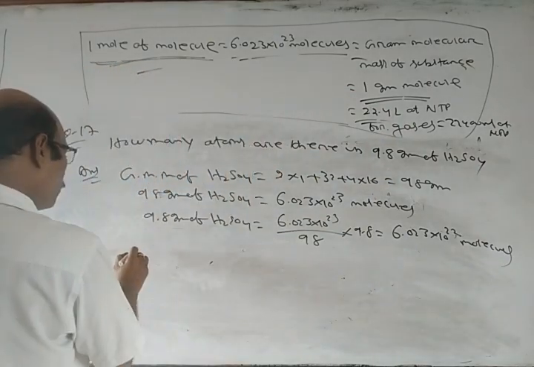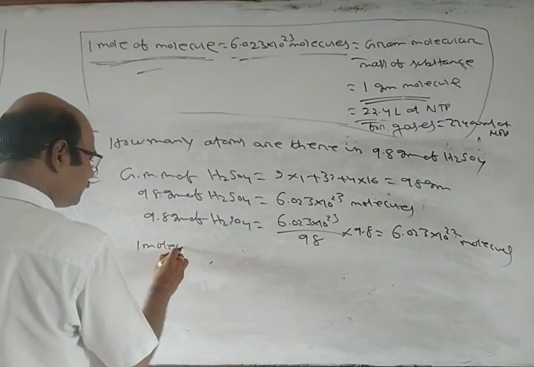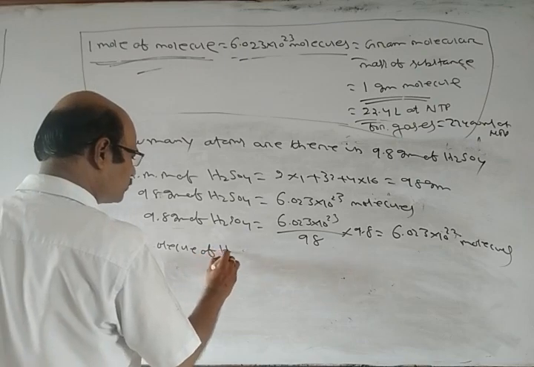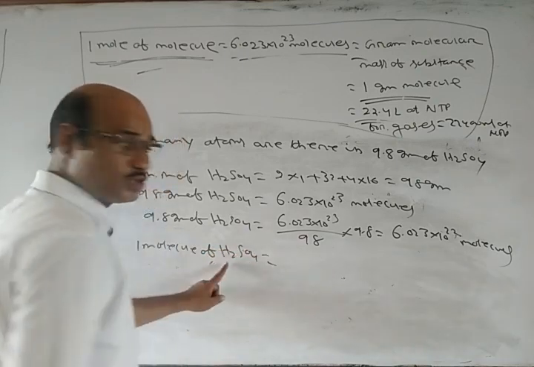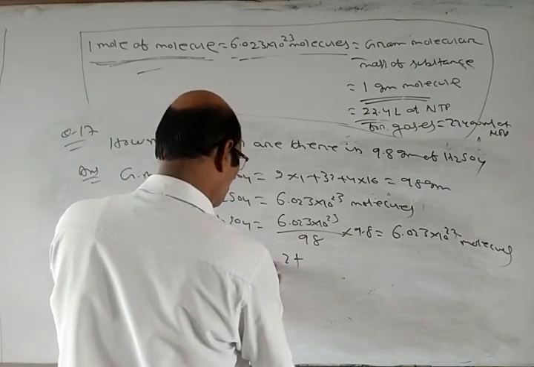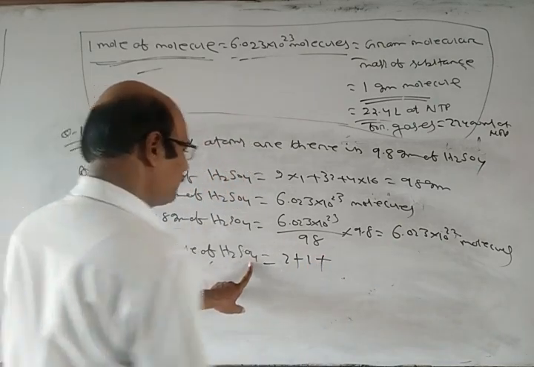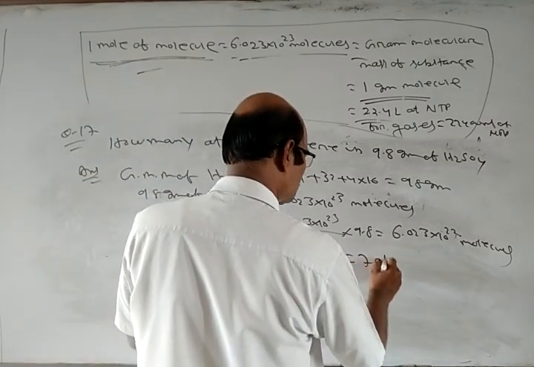Now 1 molecule of H2SO4 equal what? H2 plus sulfur 1 plus oxygen 4, 7 atoms.